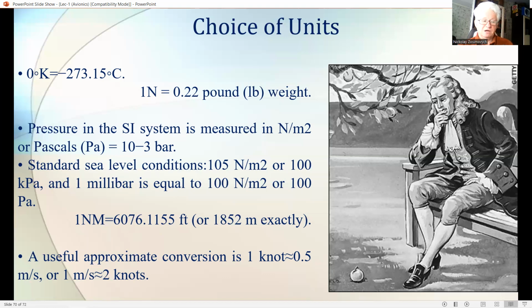And conversely, 1 meter per second equals 1.94 knots. A useful approximate conversion is that 1 knot is approximately half a meter per second, or 1 meter per second is approximately 2 knots.